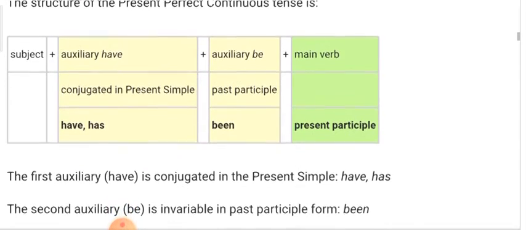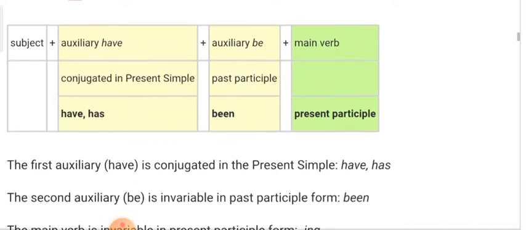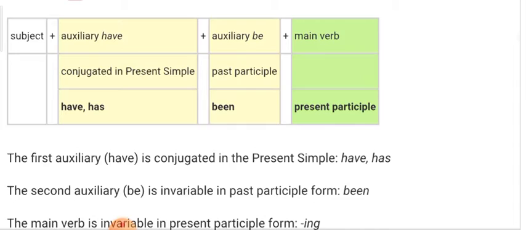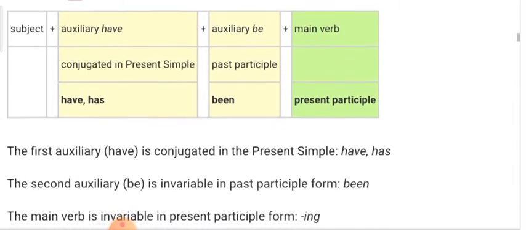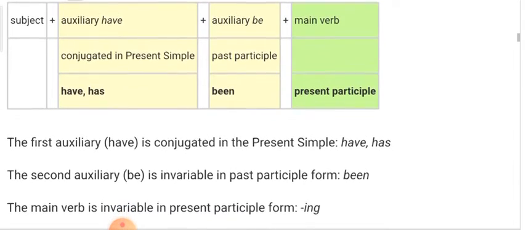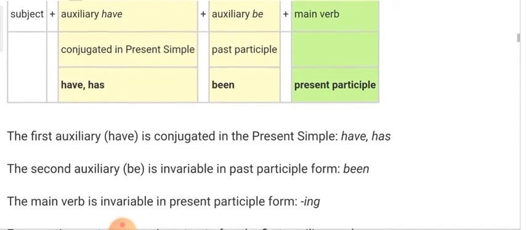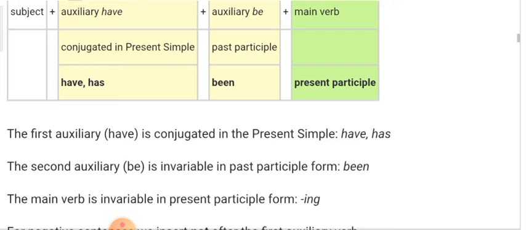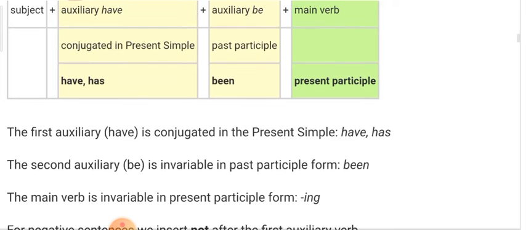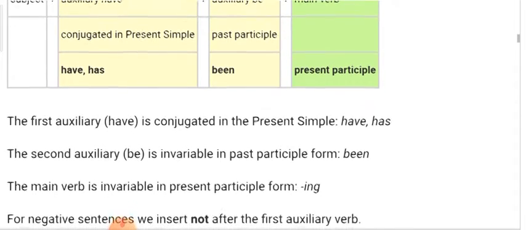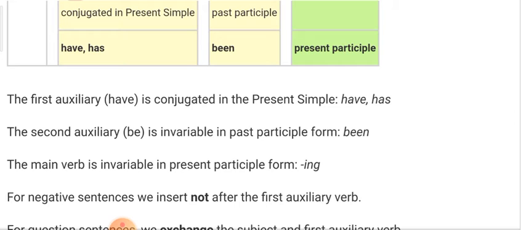The first auxiliary have is conjugated with the present simple, have or has. The second auxiliary be is invariable, in the past participle form: been. The main verb is invariable, in the present participle form with ing.